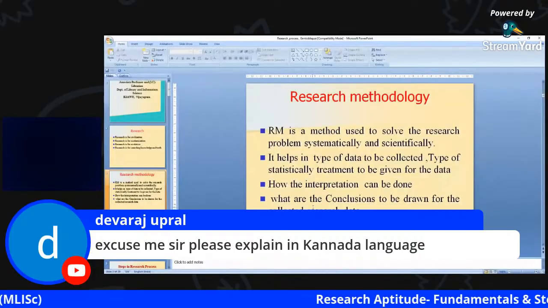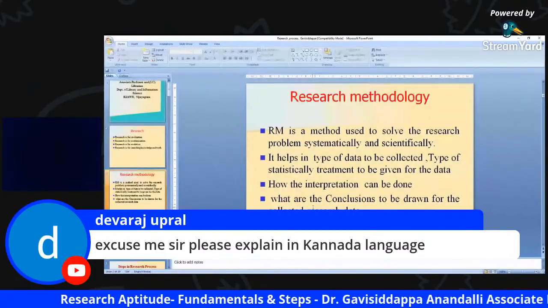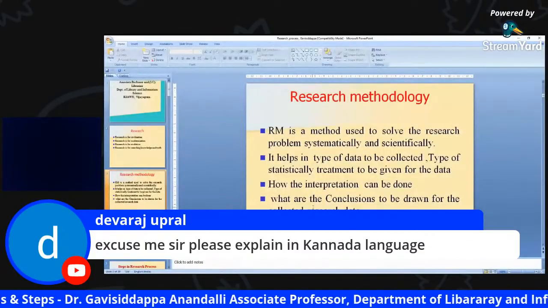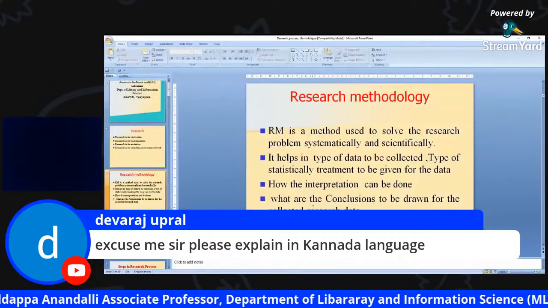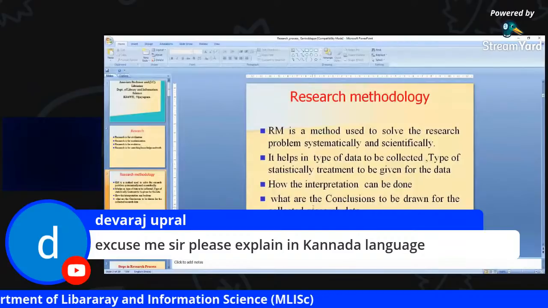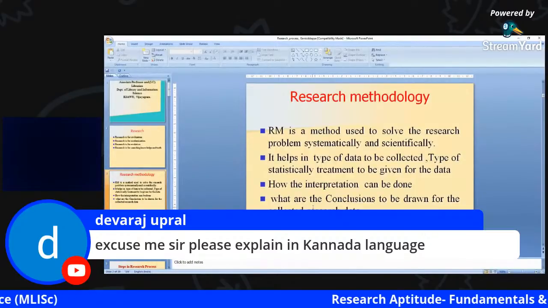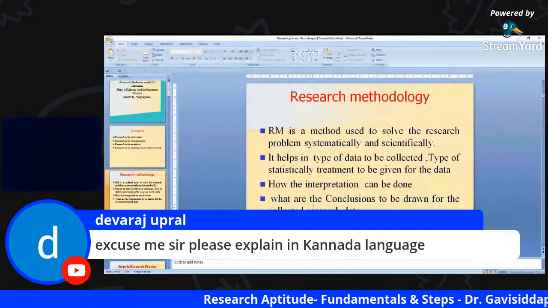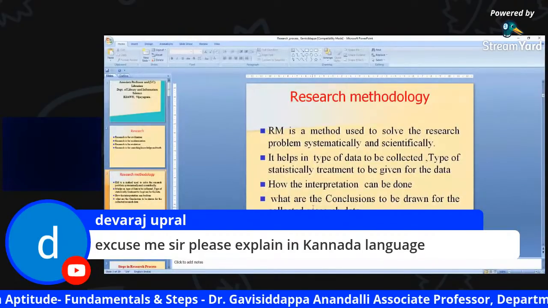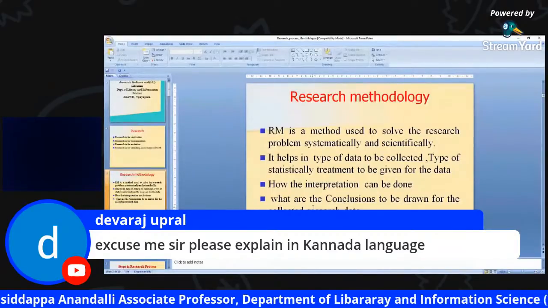This also helps us with how the interpretation can be done. Based on the output of the statistical analysis, you can draw many inferences from the discussion of the tables and charts. If a significant difference exists between two subgroups, between male and female, urban and rural, government and aided, or any comparison you want to make, you can ask why it is more, why it is less, what the reason is.